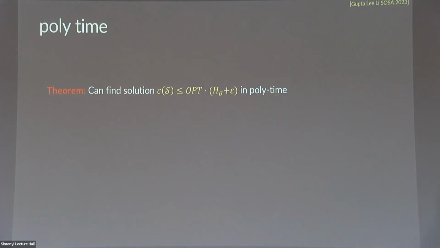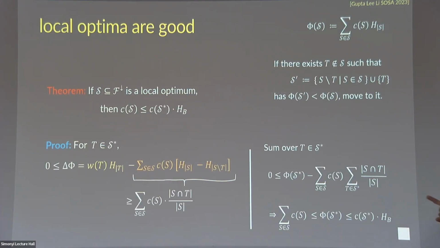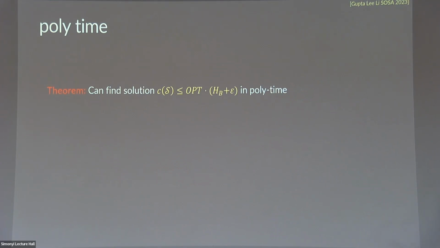Good. Finding a local optimum might take you some time, because who knows how long it takes to actually find a local optimum. If the weights were 1, then of course every time you improve by 1, and you can show that the running time is polynomial. If you had general weights, who knows?